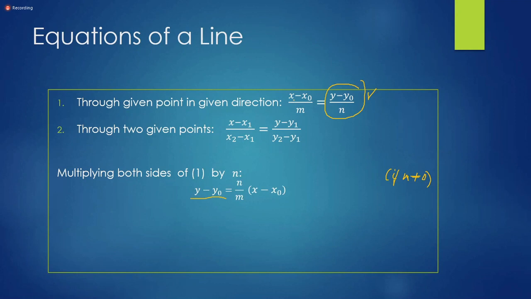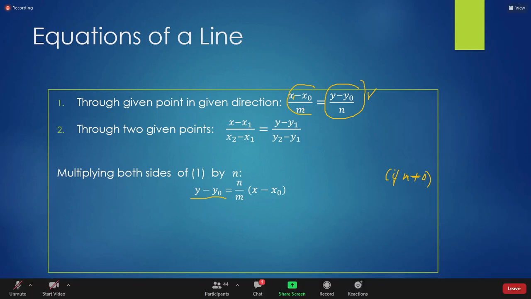Multiplying the other side by n, n is still in the denominator, and we multiply by the difference x minus x0. And then n divided by m is some kind of number, because n and m are numbers. So as a result, we now have something more familiar.